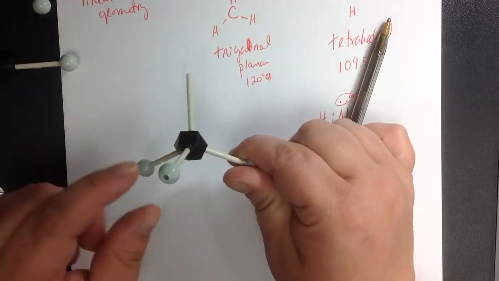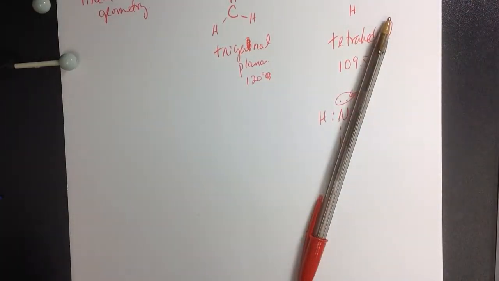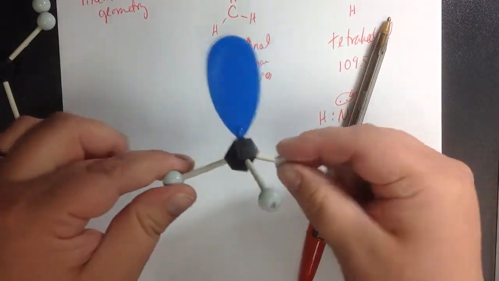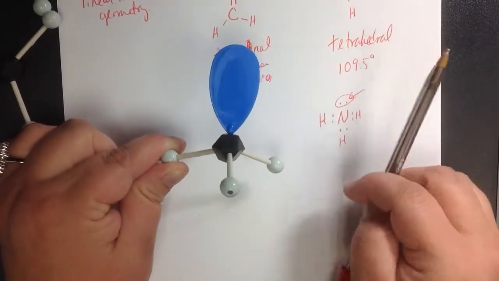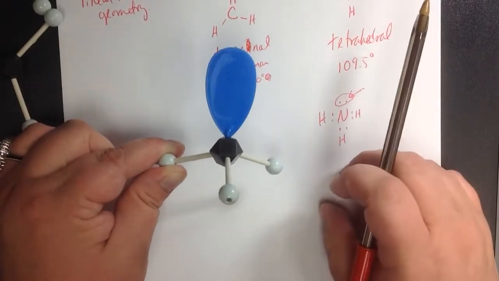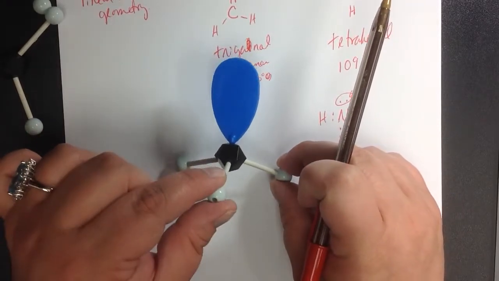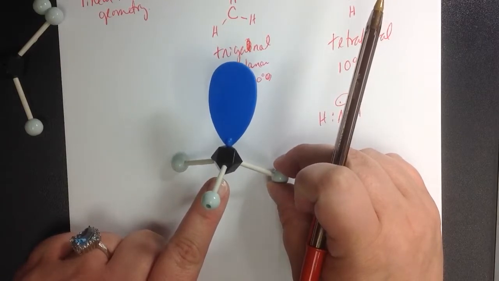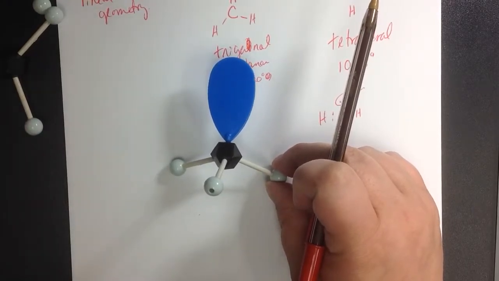Perhaps an easier way to see it, which this is fine if you want to look at it like this, I like to put in what that atom would look like as far as what its electron orbitals would look like here. So the electrons live within this guy. These atoms are still here, but electronically there's 4 things surrounding that central atom. So electronically it still has a tetrahedral shape overall.